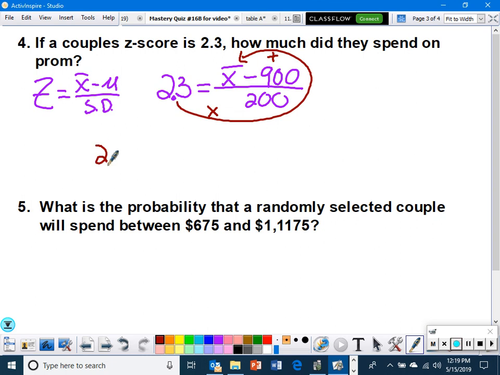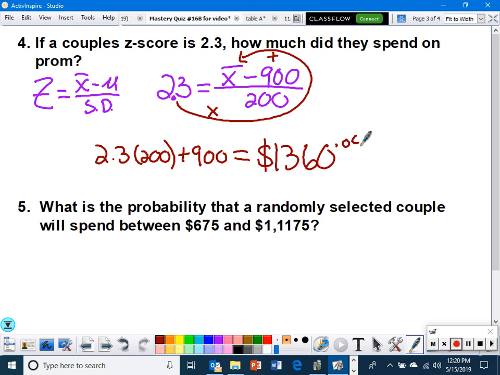So 2.3 times 200 plus 900. If a couple had a z-score of 2.3, how much did they spend? They spent about $1,360 on prom. Wow, that's a lot of money. All right, so they spent way above average.